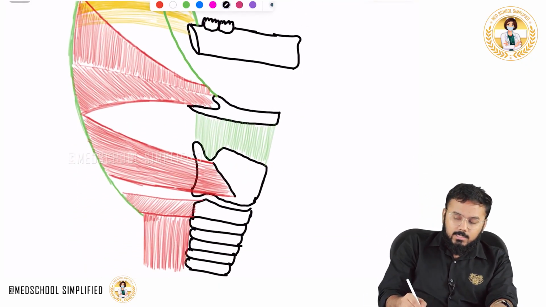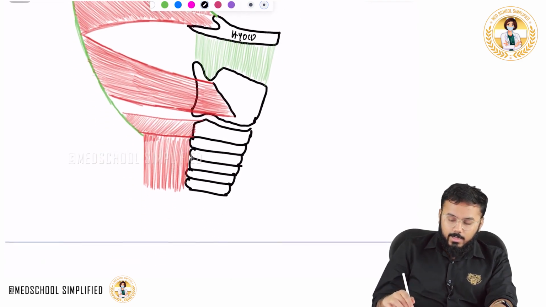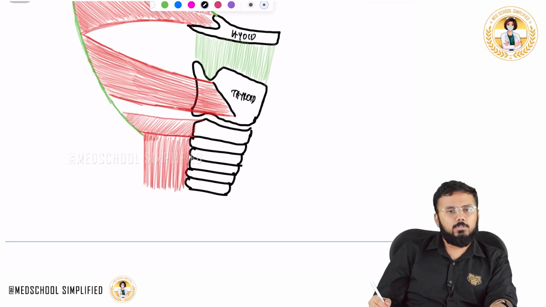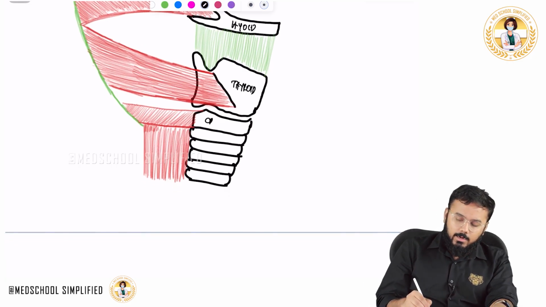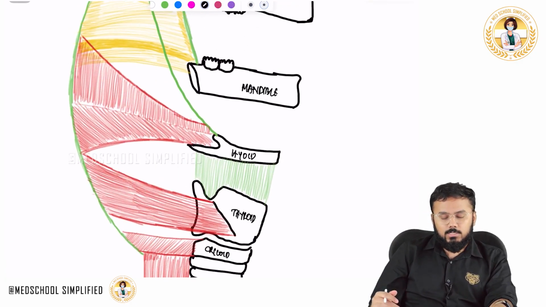Here, this is a cut section of your mandible. This is your hyoid bone. This is your thyroid cartilage. And here you have your cricoid cartilage. These are the structures you can see over here.